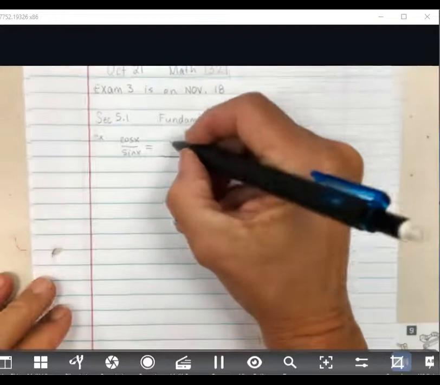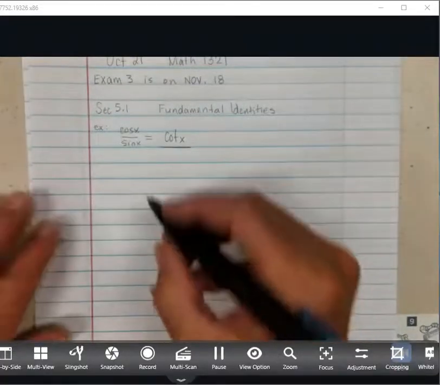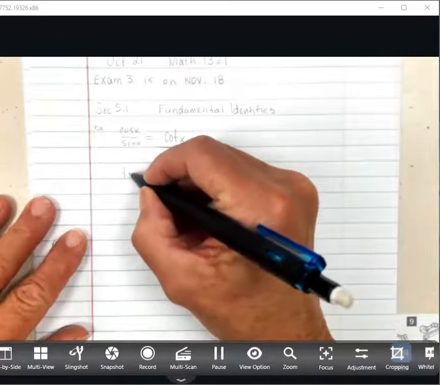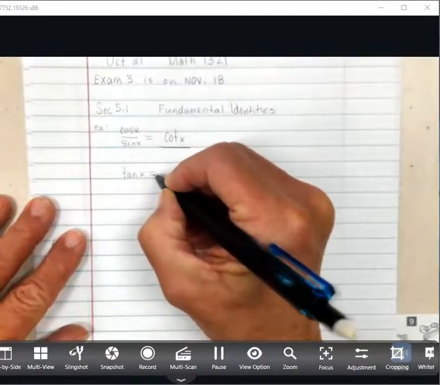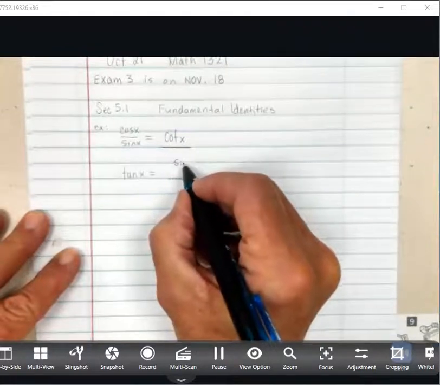Cotangent, exactly. That's a fundamental identity. All of our ratios of our trig functions. So this one would be the cotangent. And what is the ratio for the tangent of x? That is the sine over the cosine.